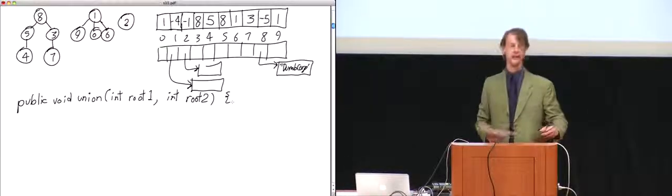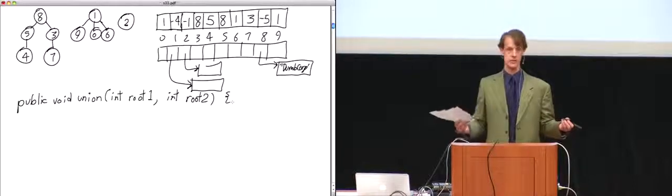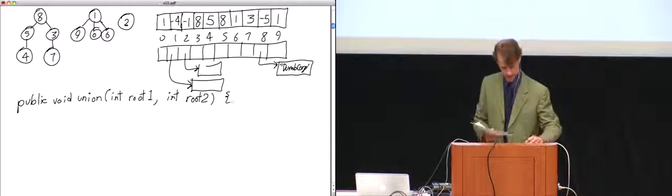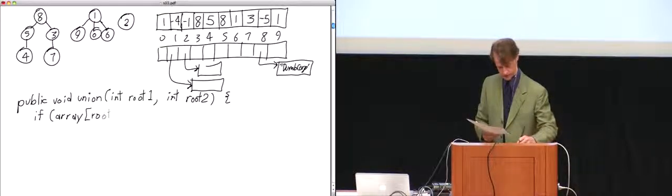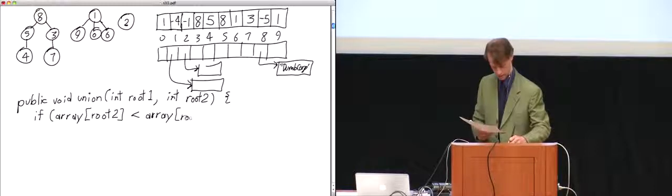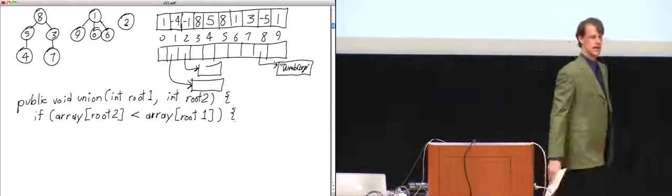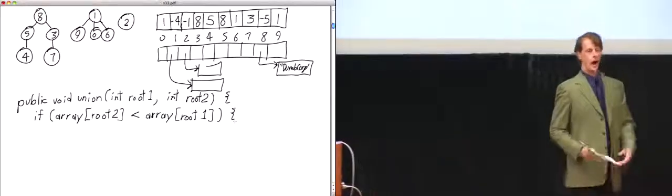What we're going to do, again, is union by size, which means we need to figure out which of the two trees is bigger. So I'm going to compare the sizes of the two trees. Here's an if statement that compares the sizes of the two trees.